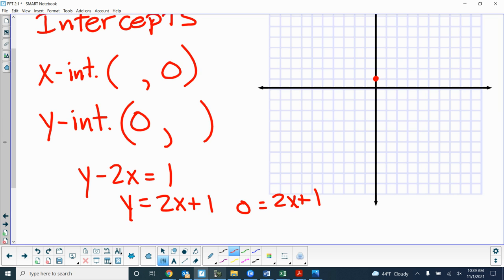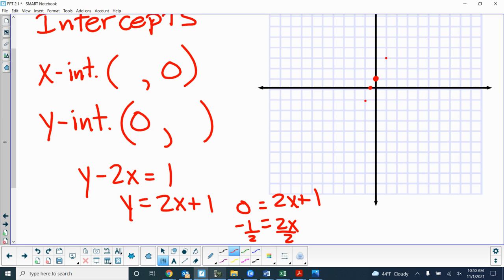So what do I do to get x by itself? Subtract 1, then divide by 2. What point's that? Negative 1/2. So negative 1/2 for x, and 0 for y is right there. If I go up 2 and over 1, or down 2 and left 1, is that going to land on there? Yeah. So you can use the x and y intercepts to graph also.